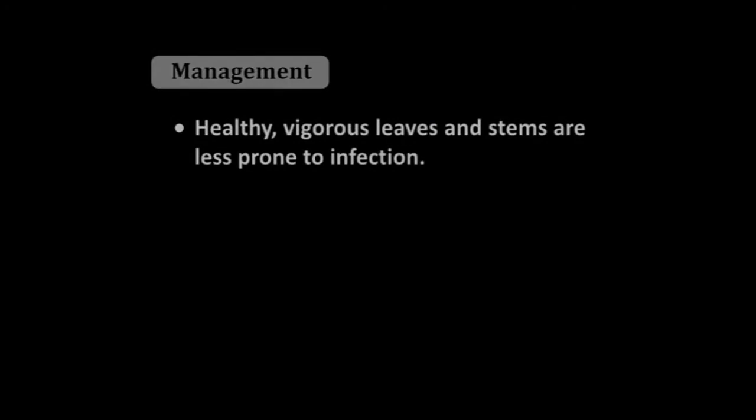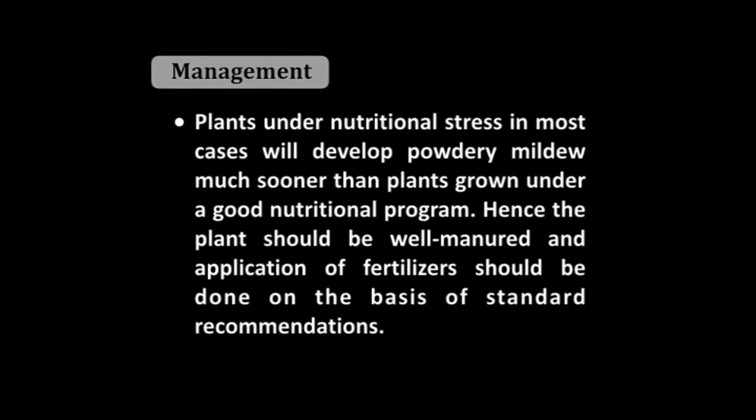Coming to the management of the disease. Healthy, vigorous leaves and stems are less prone to infection. Plants under nutritional stress in most cases will develop powdery mildew much sooner than plants grown under a good nutritional program.